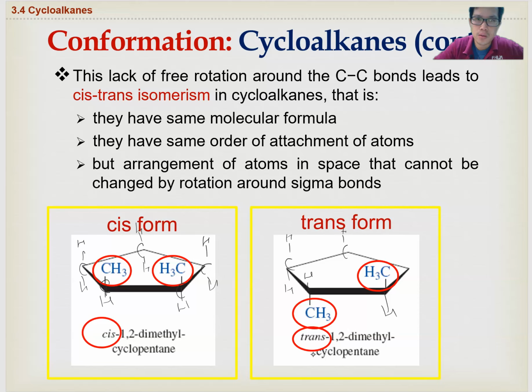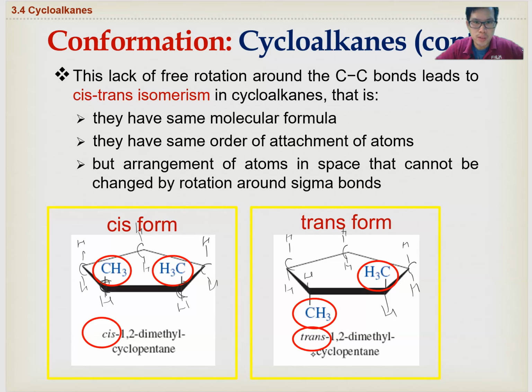In this case we have cis-trans isomers. When the two are the same side, we call it cis. If they are different, one up and one down, we call it a trans conformation. How do you determine whether it's cis or trans? You need to look at the carbon and the carbon here.